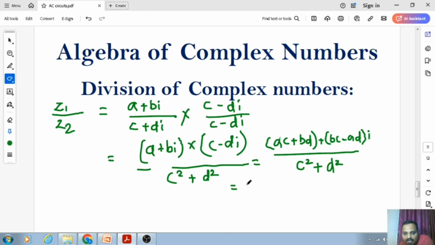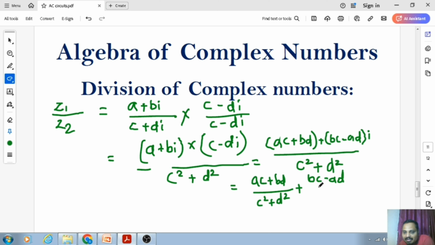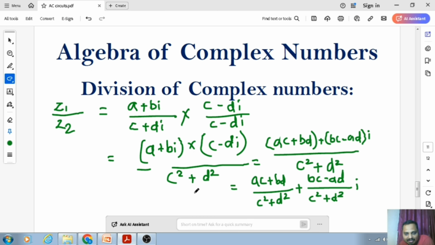Further simplifying as (ac plus bd) divided by (c square plus d square) plus (bc minus ad) divided by (c square plus d square) times i. So here we can see Z1 divided by Z2: this one is the real part and this one is the imaginary part.